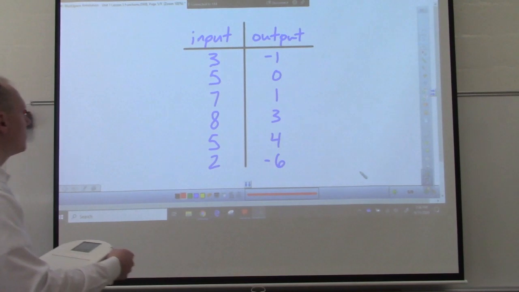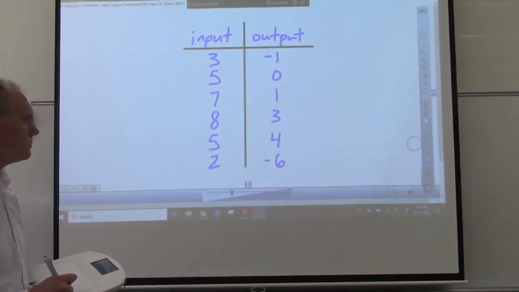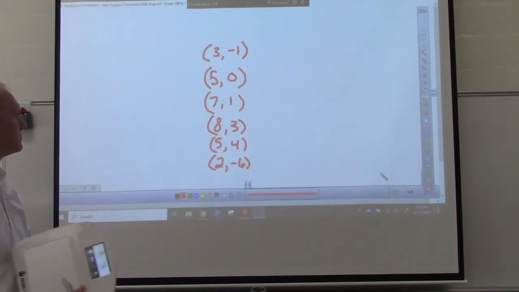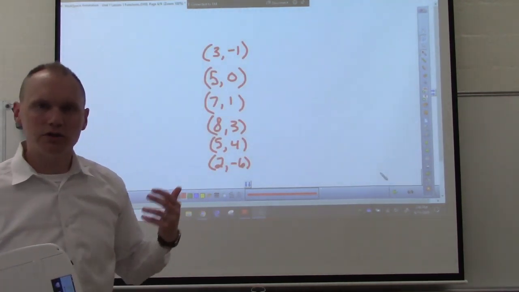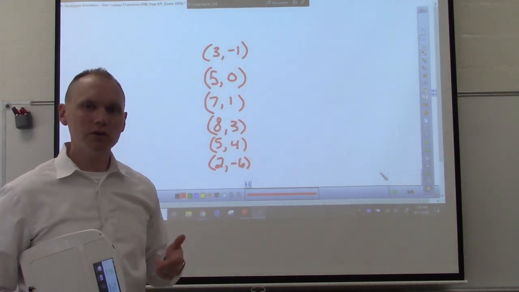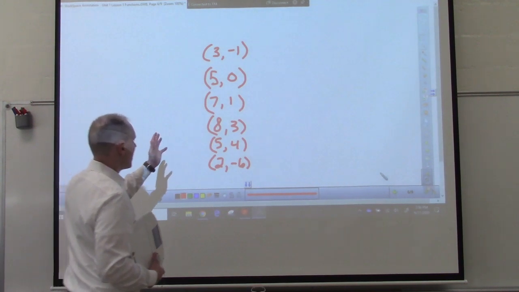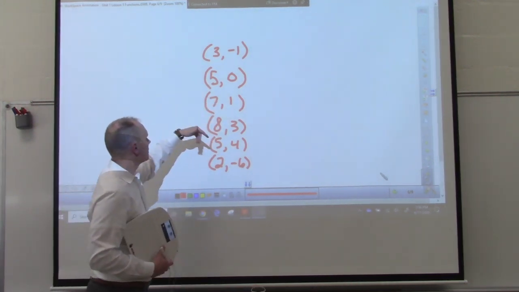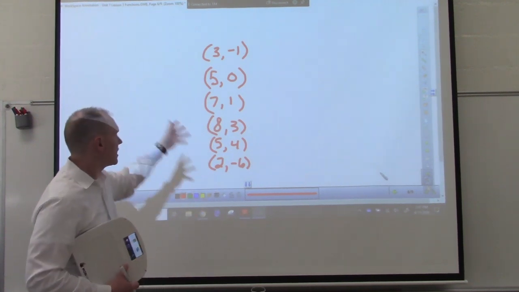Okay? So let's take this table and put it into a set of points. Same values here. Is this a relation that's a function or not? Because we have a relation no matter what. It's just a question of whether it's a function or not. Well, same thing here.